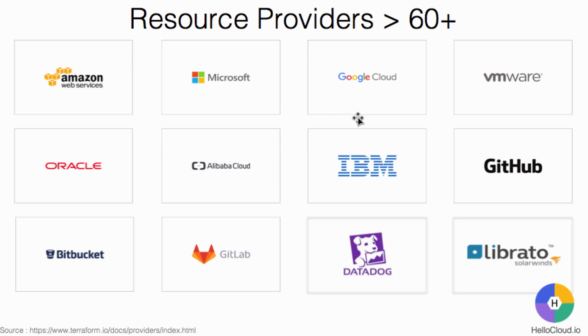And this is just a handful of resource providers, not only cloud providers, but also version control systems such as GitHub, Bitbucket, GitLab, and monitoring systems like Datadog and Librato. Well, there are actually more than 60 providers. You can find the list on the Terraform website.